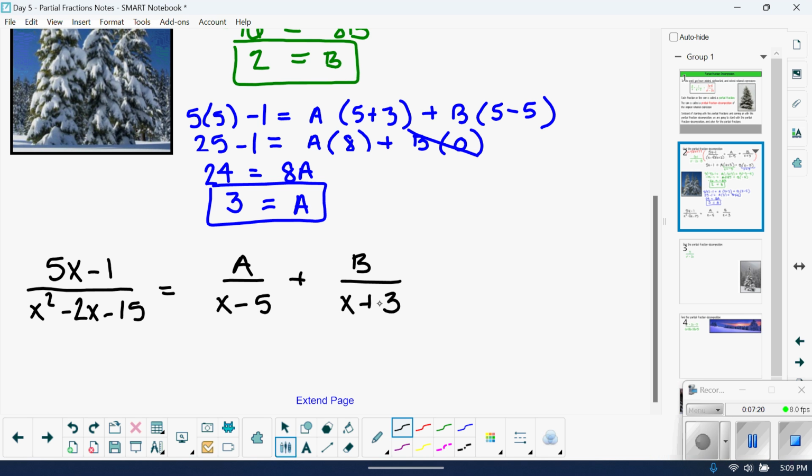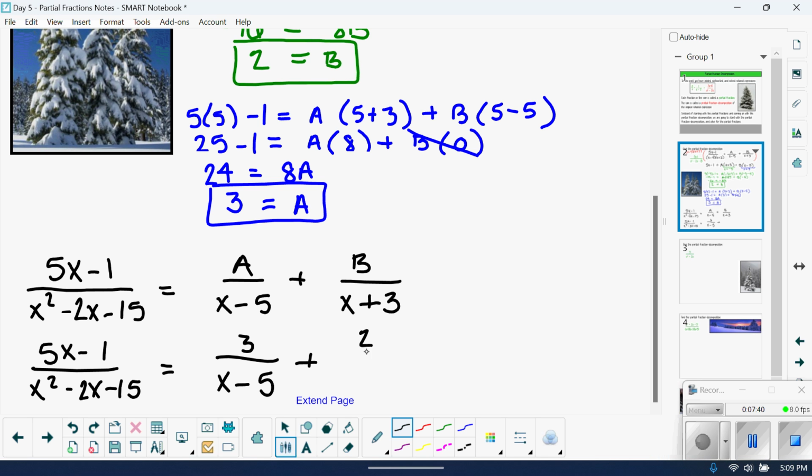Well, now that we know what a and b are, we can substitute those in. So now I can say 5x minus 1 over x squared minus 2x minus 15 is going to equal a, we know, is 3. So I can replace the a with the 3. And b, we know, is 2. And there is our final answer.